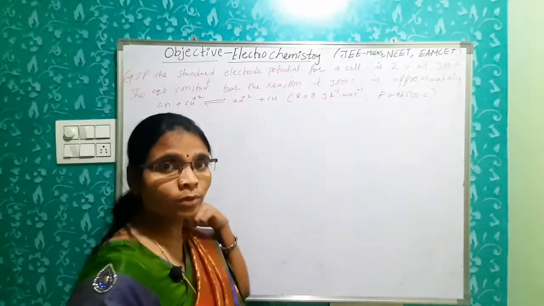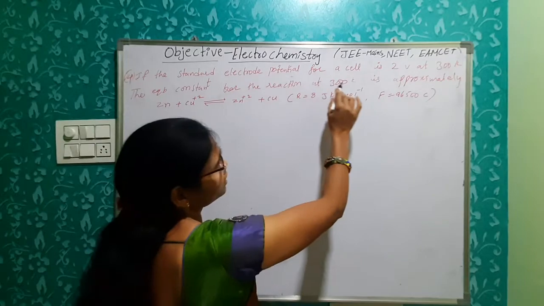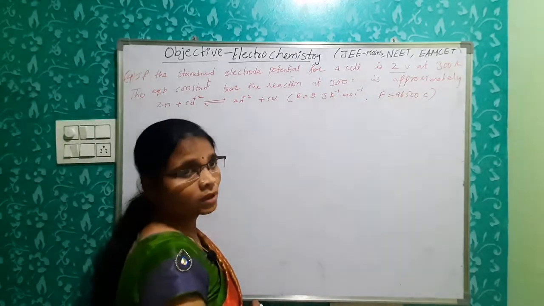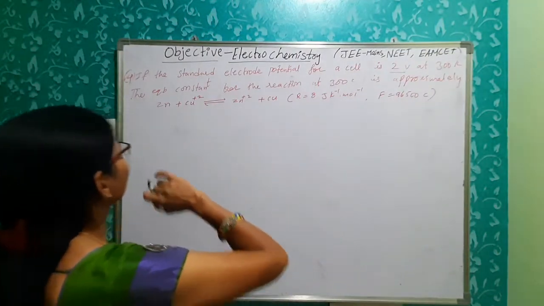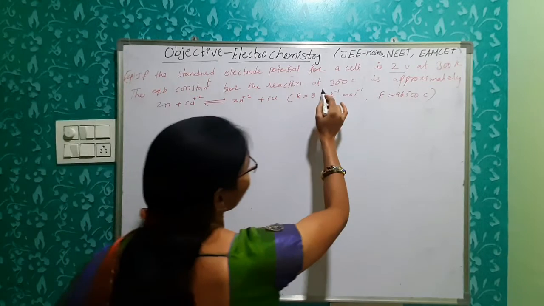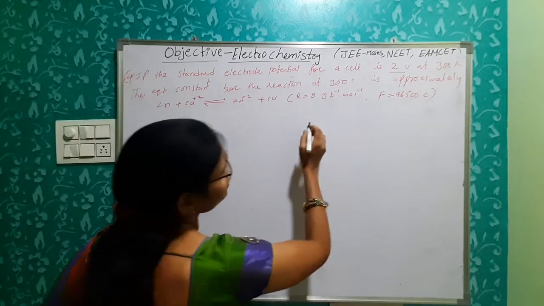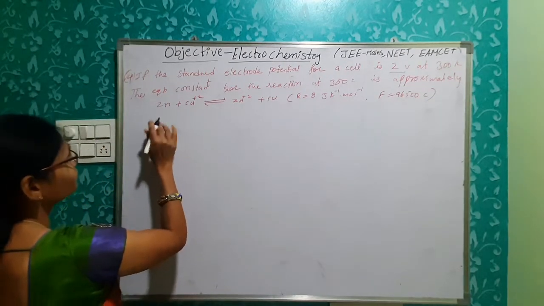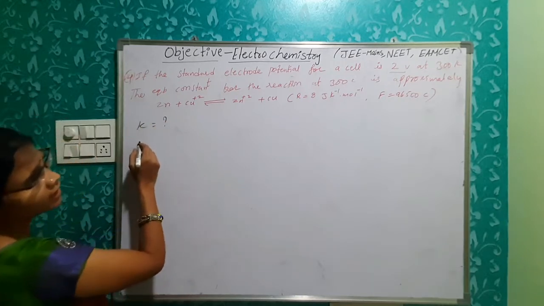Okay, 14th problem. If the standard electrode potential for a cell is 2 volts at 300 kelvins, the equilibrium constant of the reaction at 300 kelvins is approximately what? So we have to calculate the equilibrium constant K here. What has he given?